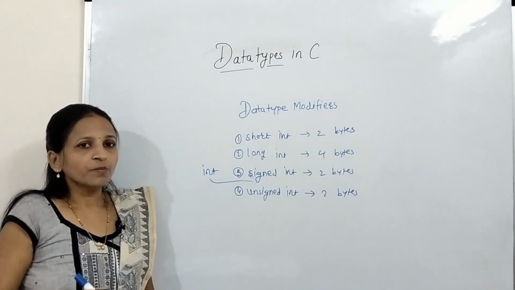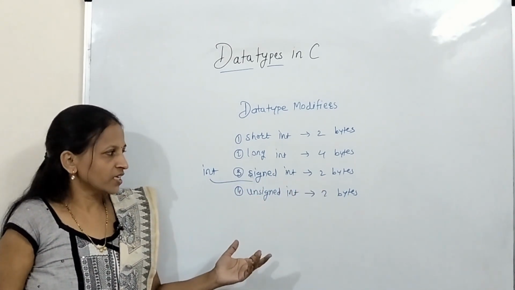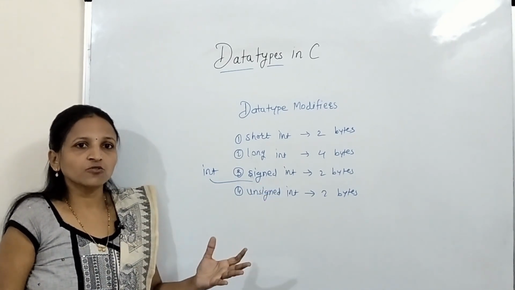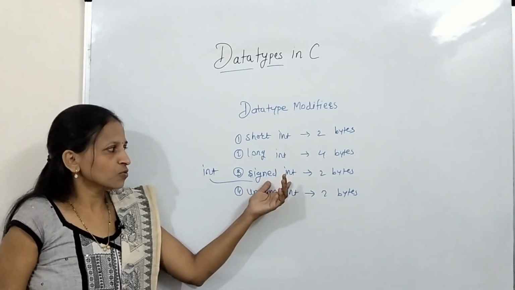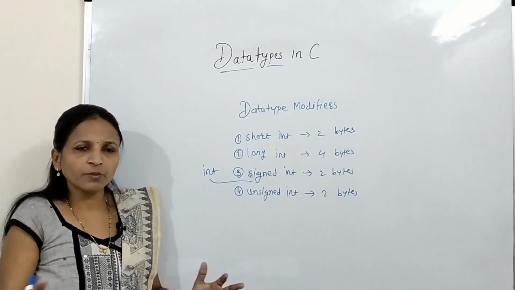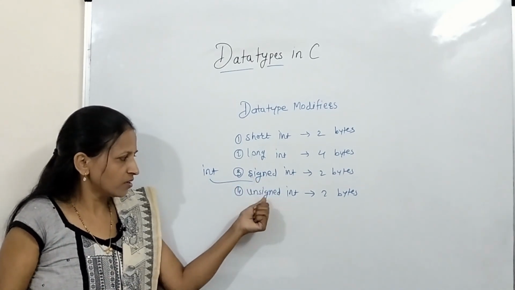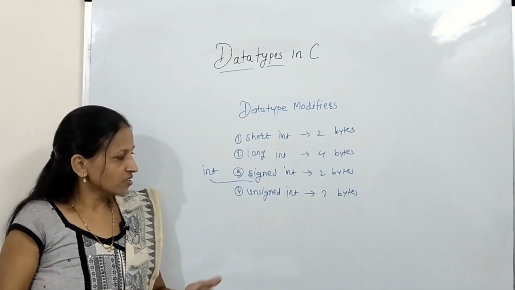One plus point is there: in signed integer, 2 bytes are allocated and the first bit is used for storing the sign of the number, so the range is reduced to half of unsigned integer, because in unsigned only positive numbers are stored.